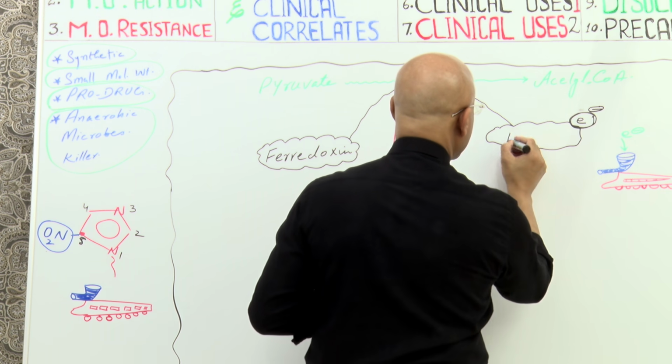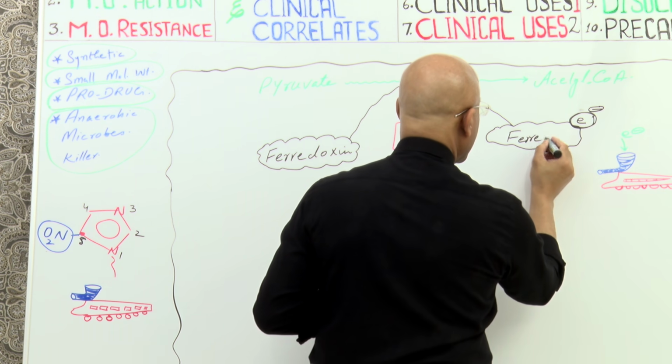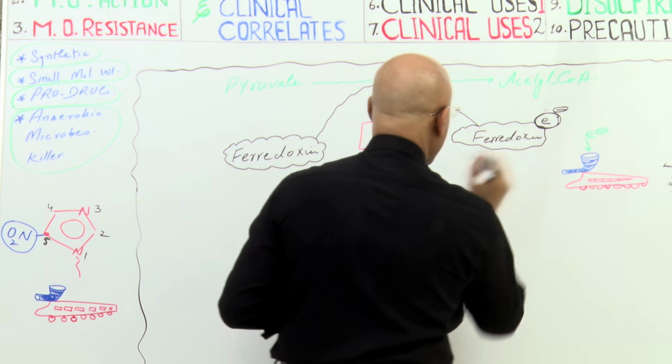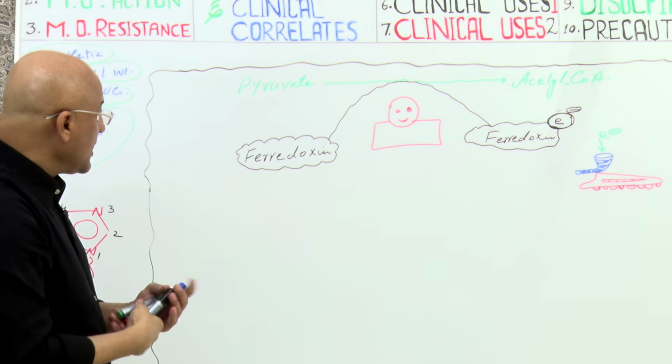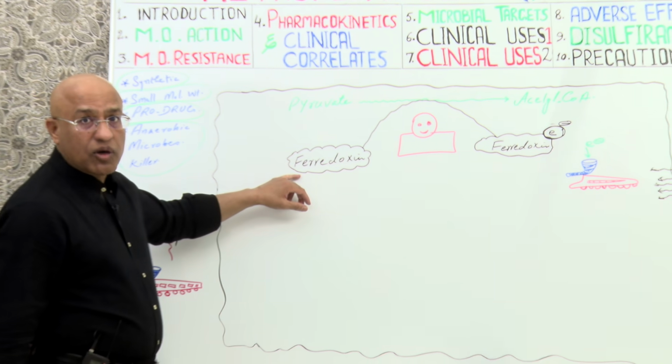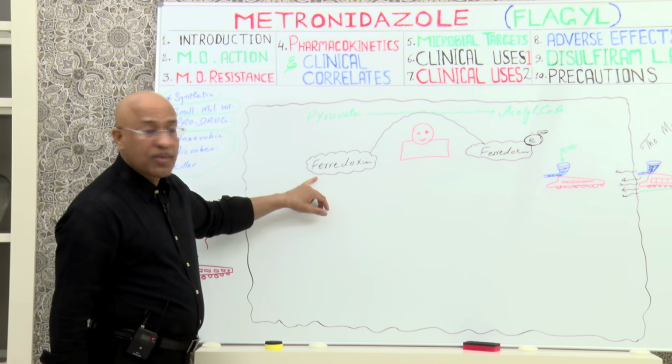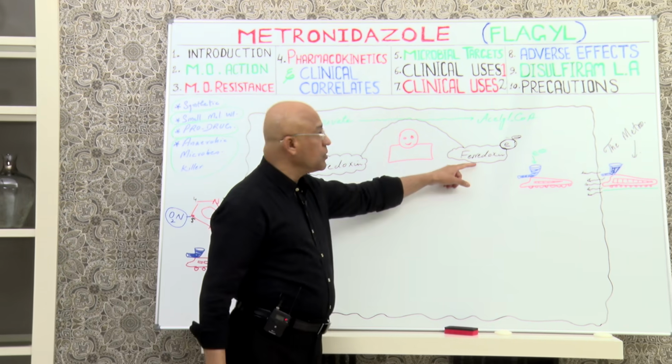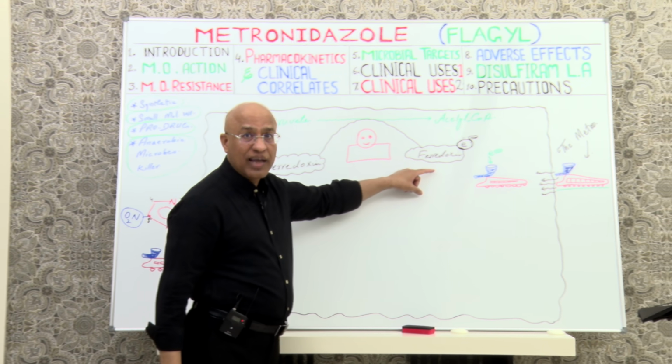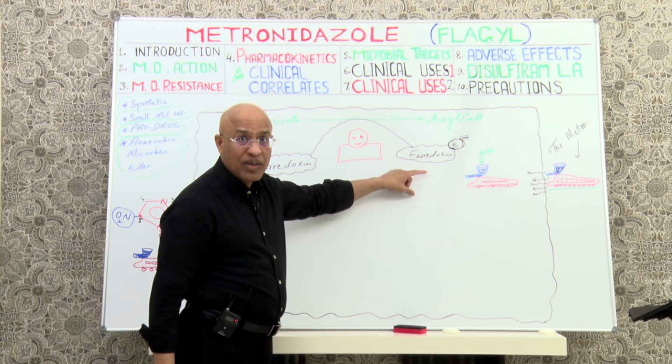And this is ferredoxin. Now, here it was without electrons, so it was in oxidized form, and here it converts into the electron-loaded state, it gets reduced, right?